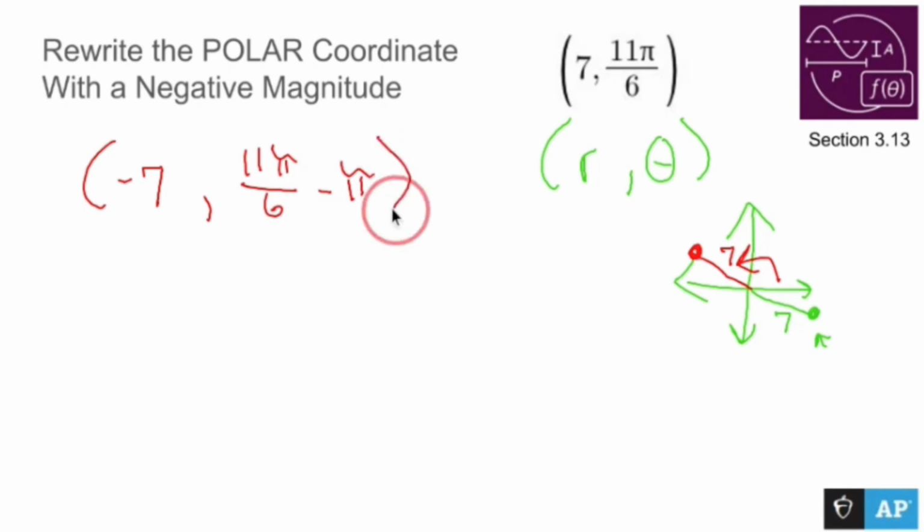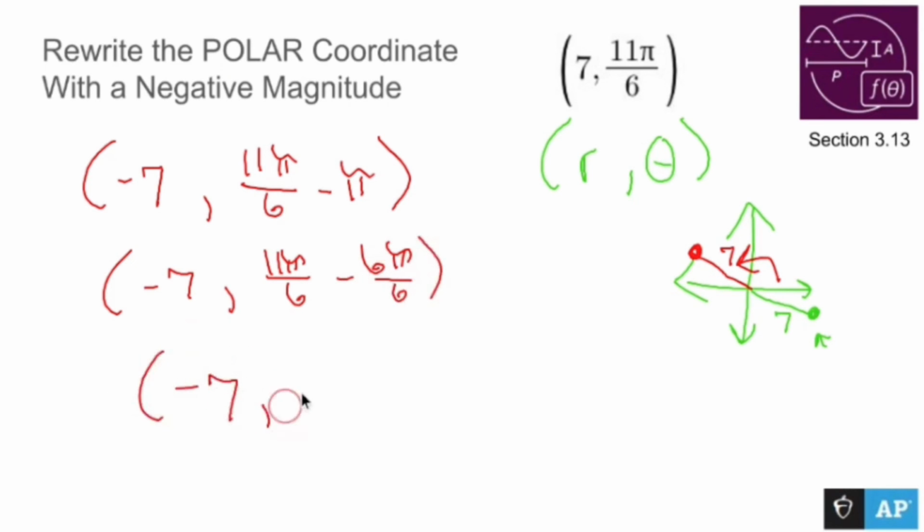Now, why not add pi? Well, if I add pi, it'll be more than 2 pi, and I want to keep it between 0 and 2 pi. So subtracting pi is going to make this look like negative 7. I'll change this pi to 6 pi over 6, and I end up with negative 7, 5 pi over 6.